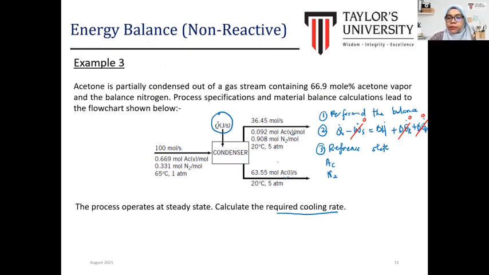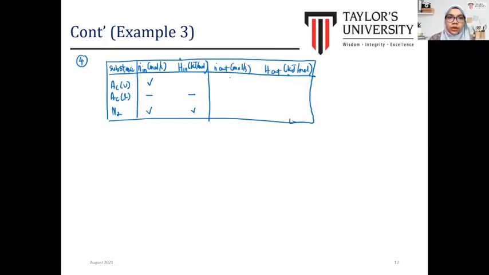We have both vapor and liquid at the output, and then nitrogen as well.